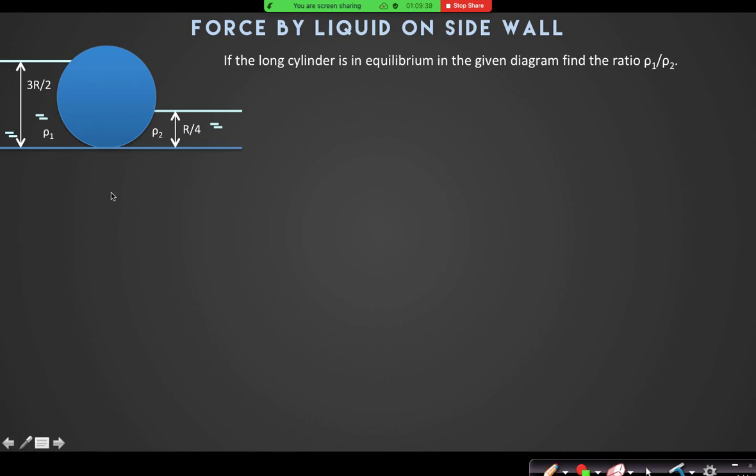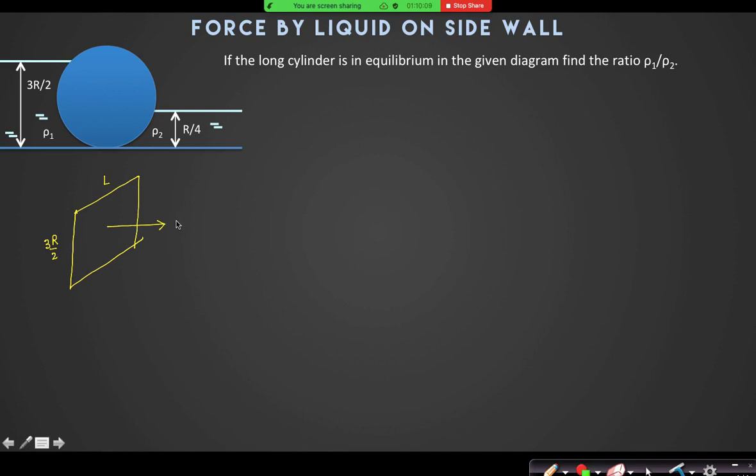Sir, I took the projections of the surfaces. The projection of the surfaces will always be a rectangular projection. If this inside length is L, then for this part the height is 3r by 2. So what is the force in this case?